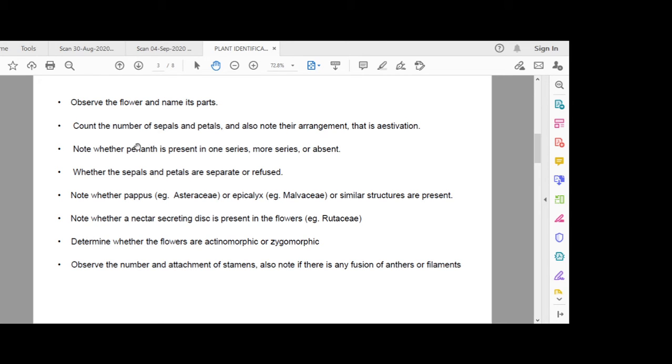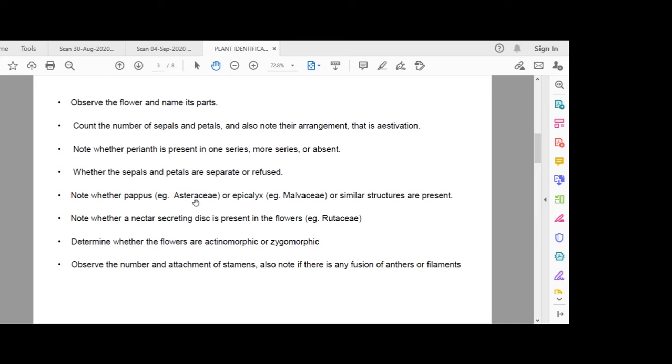If sepals and petals are not present, then there must be a perianth or not. So, perianth is in one series or more than one series. Whether the sepals and petals are separate or fused, meaning gamo- or poly- condition.